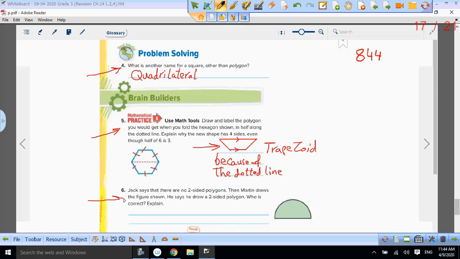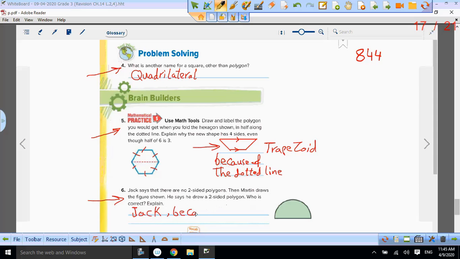Okay. Question 6. Jack said that there are no two-sided polygons. Then Martin drew the figure shown. He says he drew a two-sided polygon. Who is correct? Yes, Jack. Jack is correct. No two-sided polygon. Why is he correct?